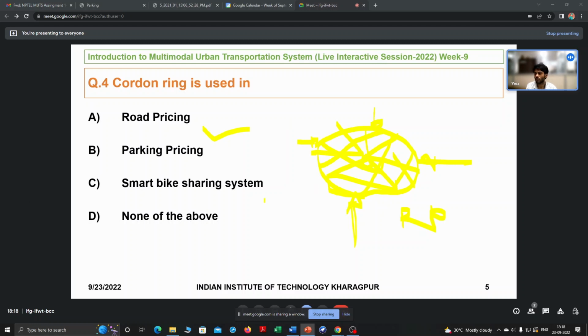Previously some institutes, some IITs and also some IIMs, I think still have some kind of Ola bicycle sharing. You can pay a minimum amount and take the cycle, and also drop it anywhere within the campus premises, right? So the cordon ring is used in road pricing predominantly.